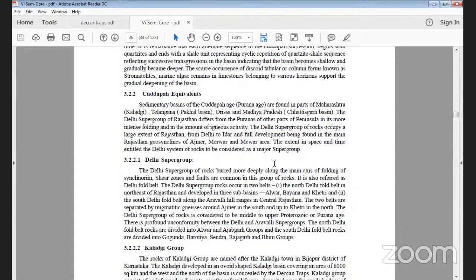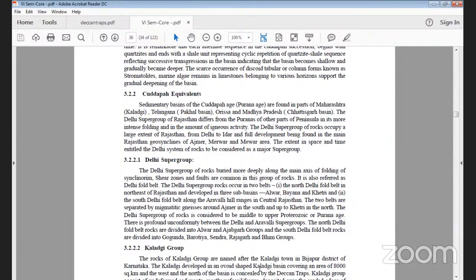The Delhi supergroup of Rajasthan differs from the Puranas of the other parts of the peninsula, having more intense folding and more igneous activity. The Delhi supergroups occupy large extents of Rajasthan from Delhi to Idar, with full development found in the main Rajasthan geosyncline of Ajmer and Merwar area.